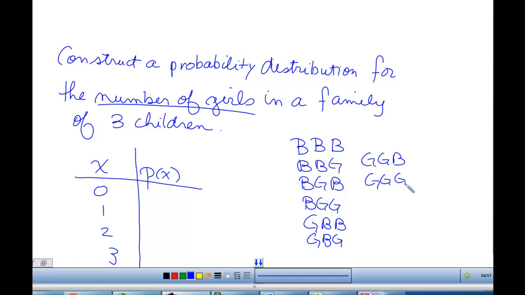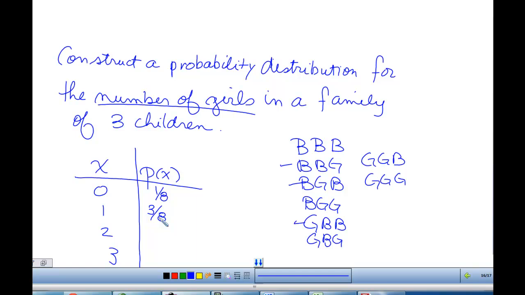Okay, so all right, if we wanted to calculate the probability of 0 girls, it's going to be what? One-eighth. Very good. If we want to calculate the probability of exactly 1 girl, we get 1 girl here, here, and here, so it's 3/8, right?